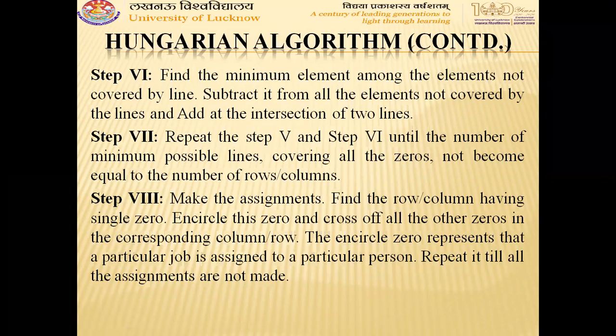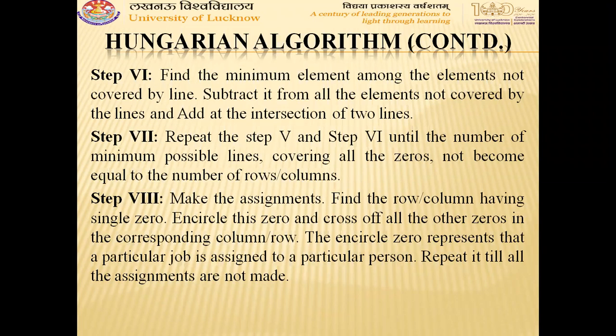Then in the next step we repeat step 5 and step 6 until the minimum number of lines covering all the zeros becomes equal to the order of the assignment matrix.